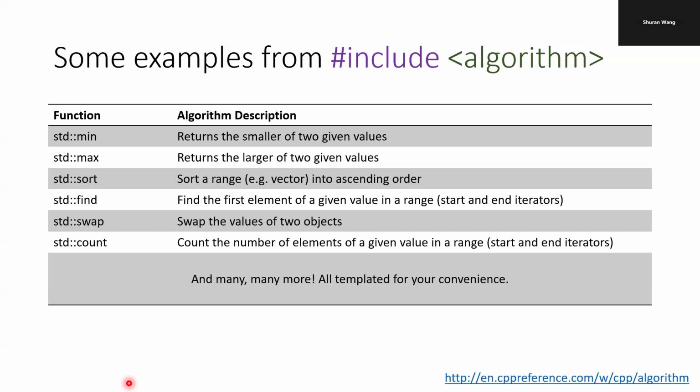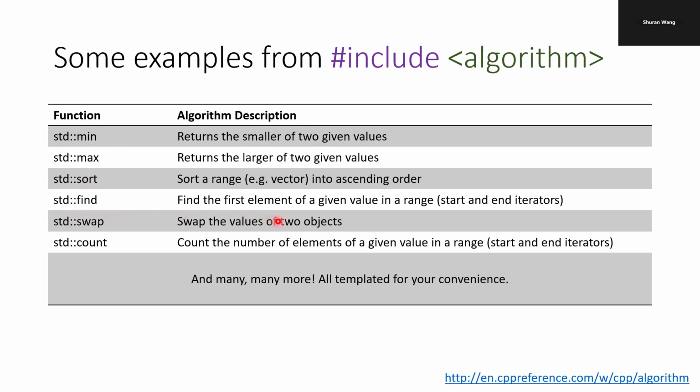So some other examples from the algorithm header. We have min, max. Those are returning the smaller or the larger of 2 given values. We have sort that sorts a range into ascending or descending order, depending on the arguments you give. It's defaulted to ascending order.